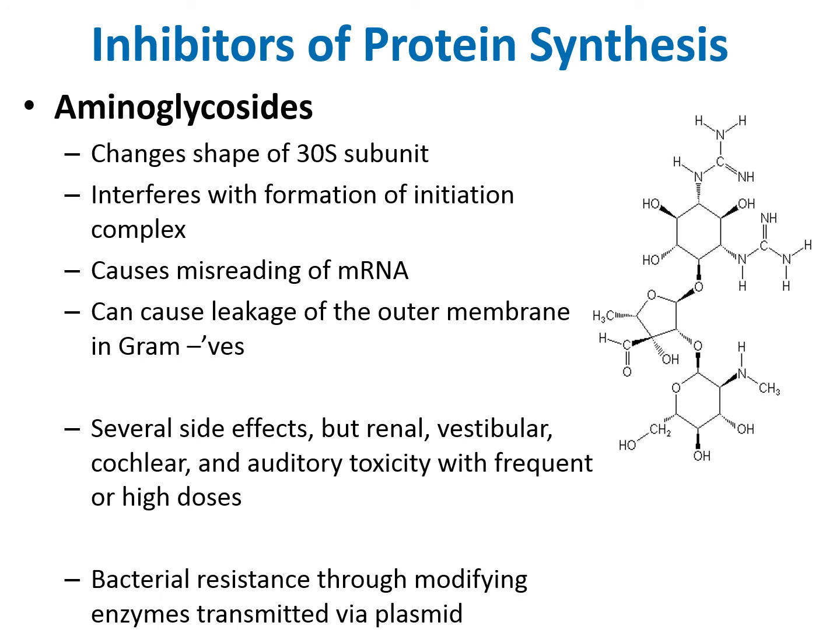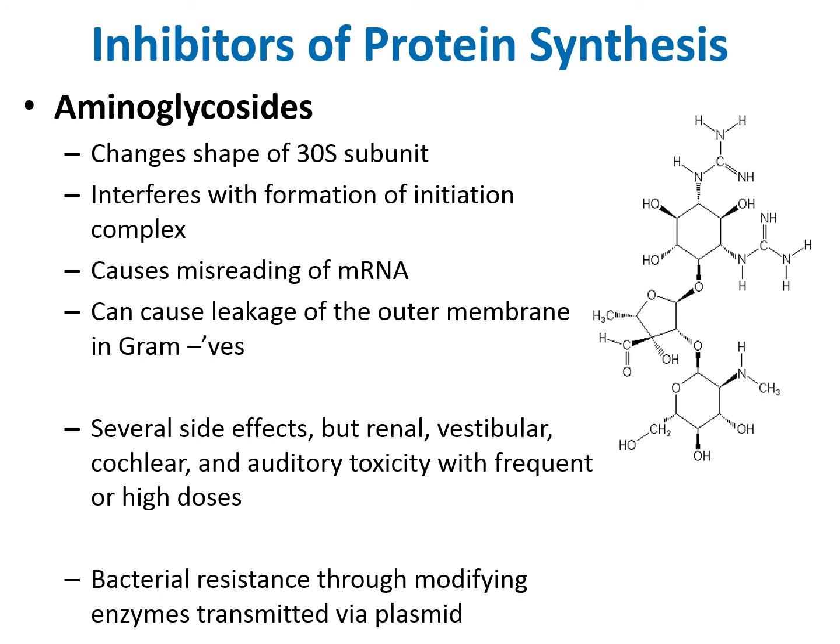Another function that's purely seen in the gram-negatives is that treatment with these aminoglycosides can cause the outer membrane of your gram-negatives to leak. I don't know the mechanism for this. I'm not quite sure why this happens. I'm not sure that anybody really understands exactly why this happens yet, but you should be aware of it.